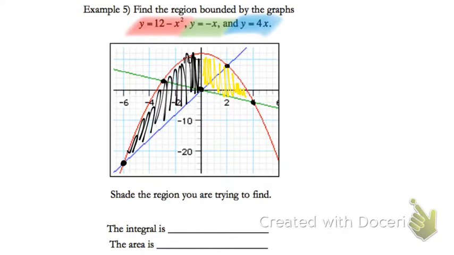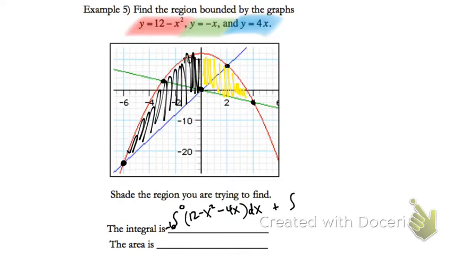So for the black region, my lower bound is all the way to the left, -6, so the integral would be the integral from -6 all the way to 0, that's where the black region stops. And that's going to be top function minus bottom function. So the red one, which is 12 minus x squared, minus the blue one, which is 4x dx.